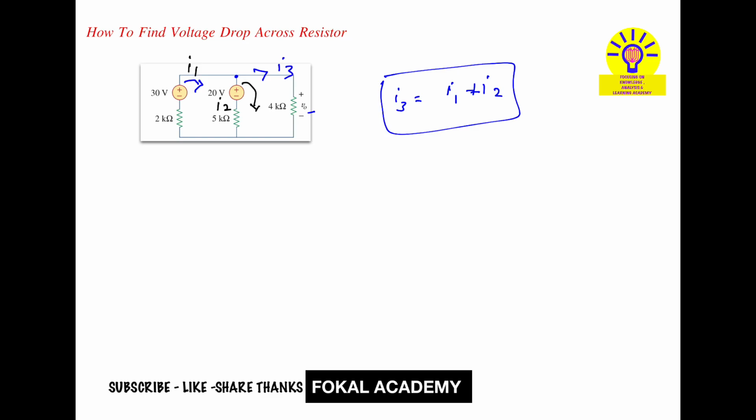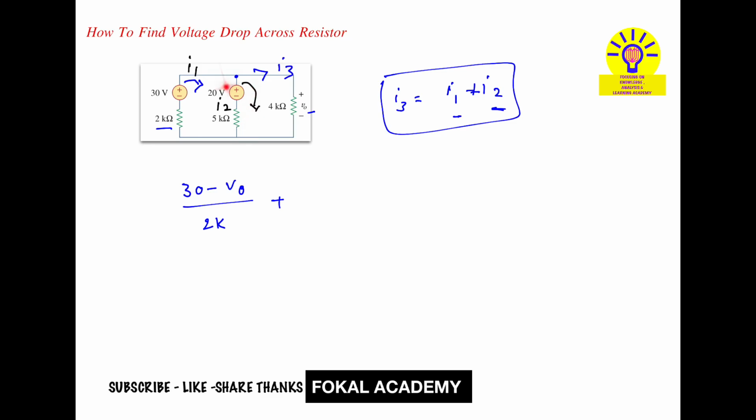So let's see. First of all, find I1. I1 is in branch 1. Here the upper voltage is 30 volts, the lower voltage is at ground, that is V0. So it can be written as upper voltage minus lower voltage, that is (30 minus V0) by the resistor, 2 kilo ohms. Across this, this much current is there, plus I2 in this branch.